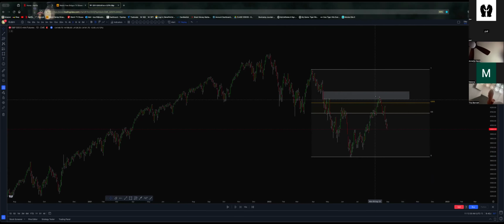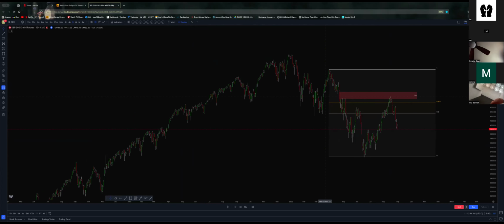Price moves to rebalance to equilibrium, and price moves towards inefficiencies. So inefficiencies are, in other words, fair value gaps. So when you see fair value gaps being respected, then the trend in which it's being respected is more valid. Okay, so again, liquidity, rebalance to equilibrium.